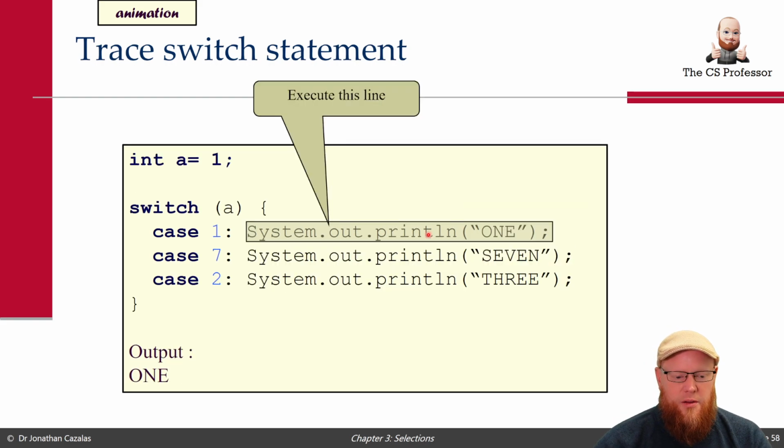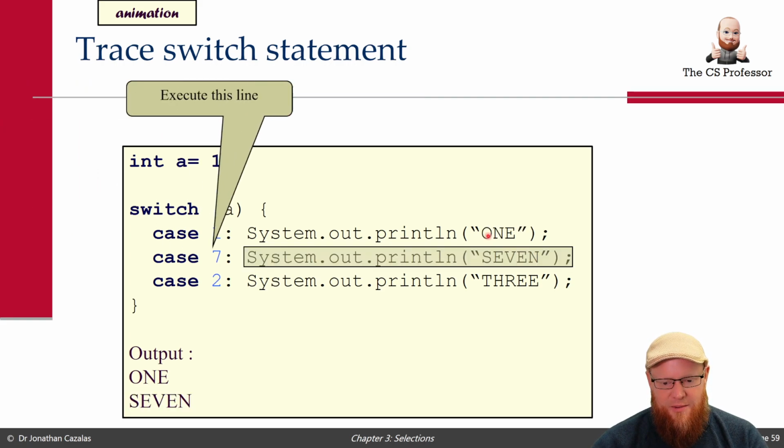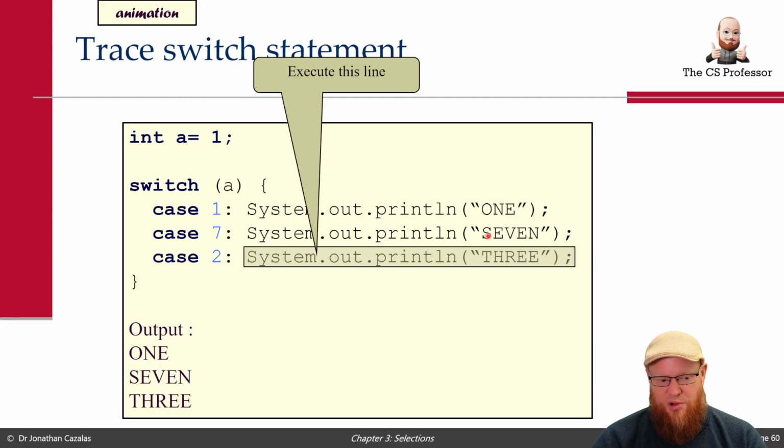A was equal to 1, which brought the logic, because we're basically going to go down here in this direction. But as soon as one of these is true, we step over to the right of the colon, and we start executing, and we go down, and we keep going down if there is no break statement. So here, we're actually going to print 1, then 7, and then 3 because there's no break statement.